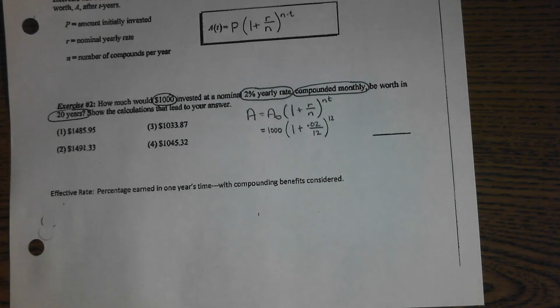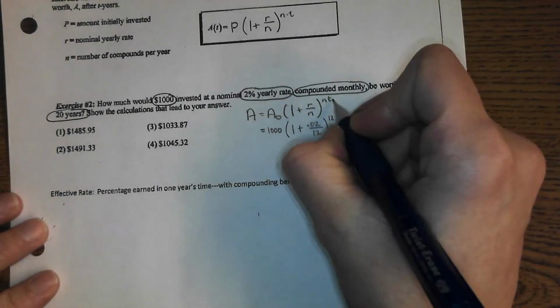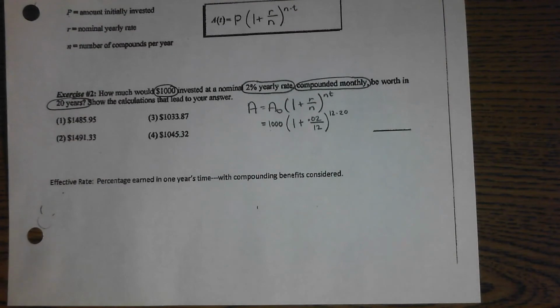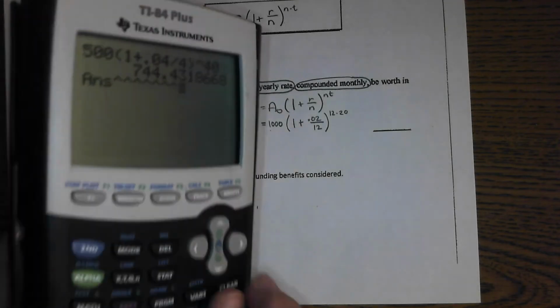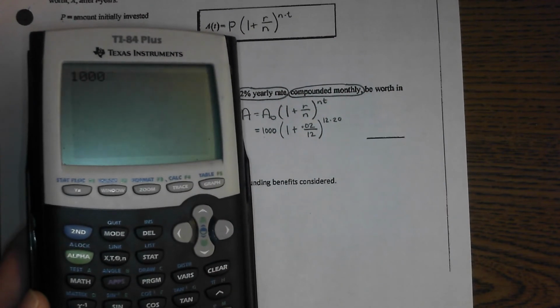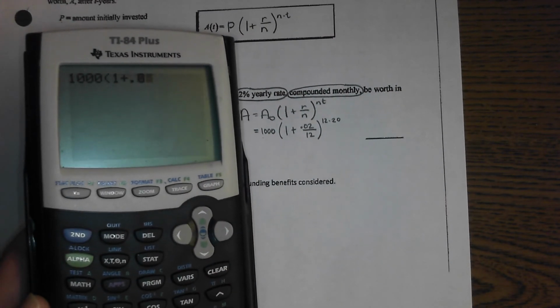What am I going to do with the 20, Jack B? Yeah, that's your T for time. You're waiting this out 20 years. So after 20 years, 2% isn't a huge amount of growth, but we'll have more than 1,000. That's all that matters.